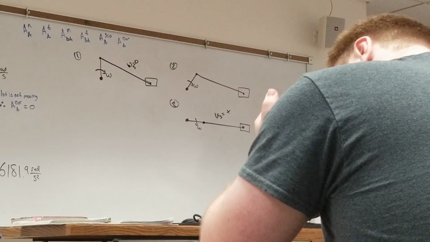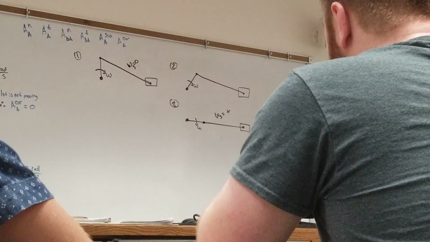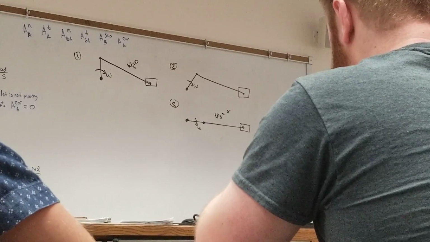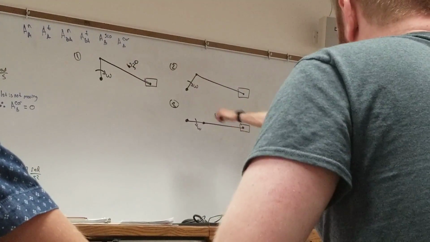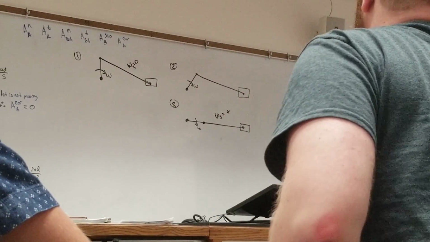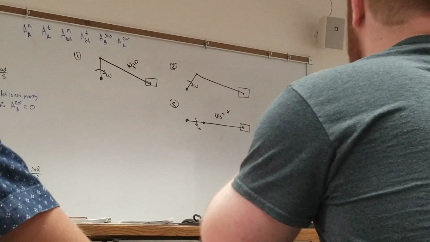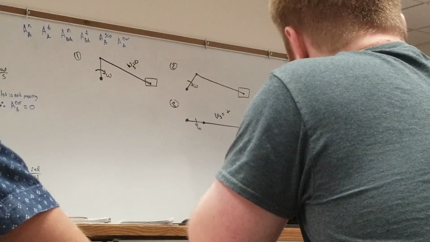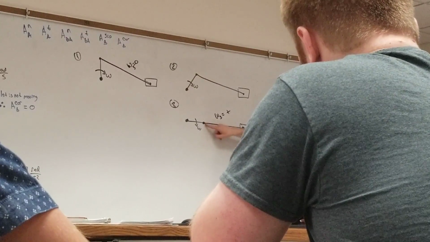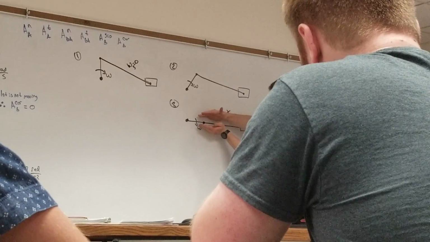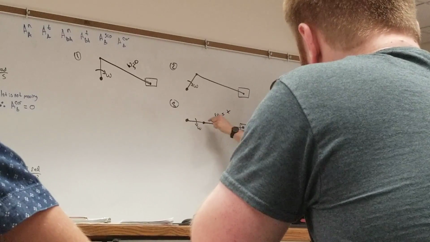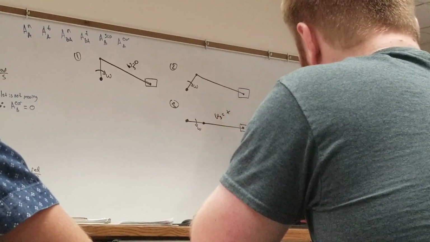Because if this was really big, and you had some massive links that were almost perfectly aligned, the velocity at this point would be approximately steady. If we zoomed into just a little sliver, the velocity is steady in that line, and so the angular acceleration would be equal to 0.